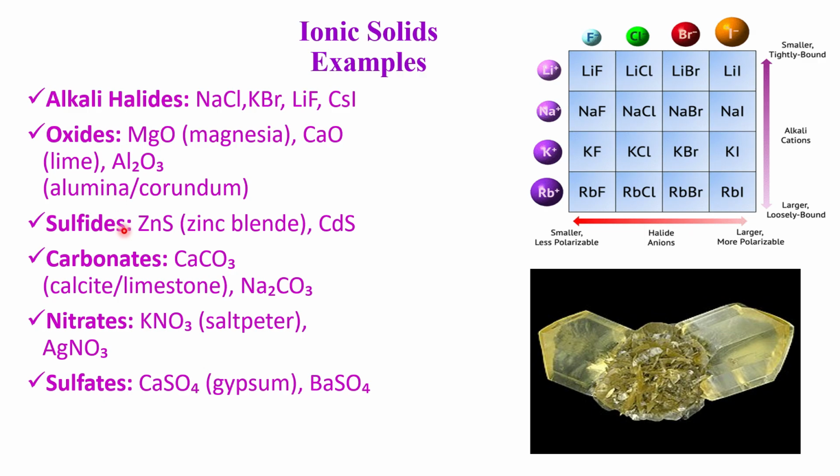Sulfides and carbonates are widely found in minerals, while nitrates and sulfates are crucial in chemical and industrial processes. All their properties are directly linked to strong ionic bonding.